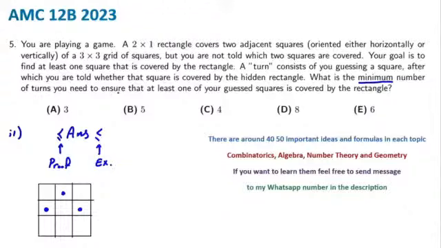It says you need to ensure that at least one of your guessed squares is covered. So I should guess this one, and then I will see if it is covered. Why? If it is no, then suppose this one is no, this one is no, this one is no. The only possible placements are these. All of them have a common cell, this one.